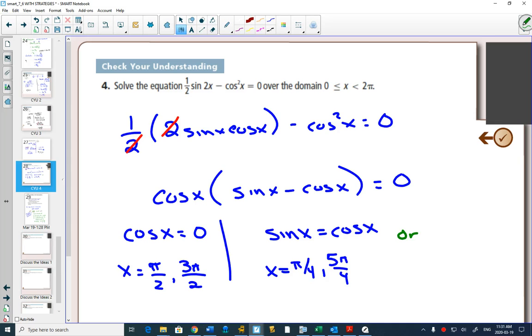Or you could say, I could change this to a single trig function if I divided both sides by cos. If I divide both sides by cos, I get sine over cos, which is tangent of x equals 1, which would also give you pi over 4.